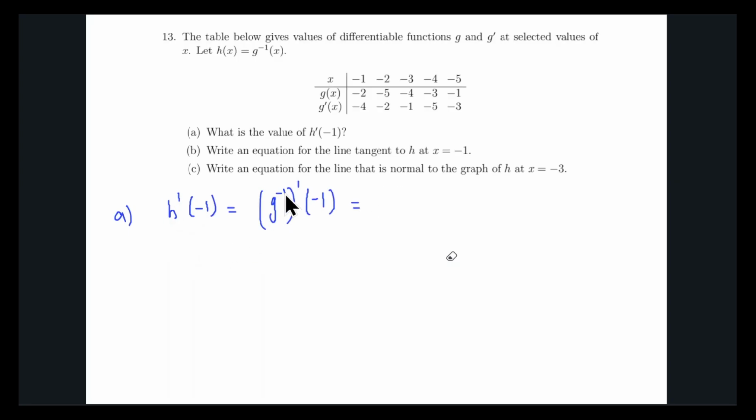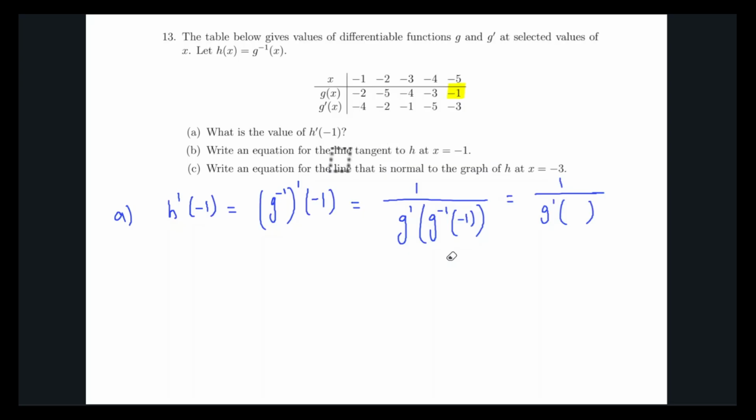And the formula is the derivative of inverse of a function is 1 over derivative of the original function at g inverse of that point. So it will be 1 over g prime of g inverse negative 1. Now g inverse negative 1 is basically we are looking for y value in the g table, because g inverse negative 1 is original function's y value.